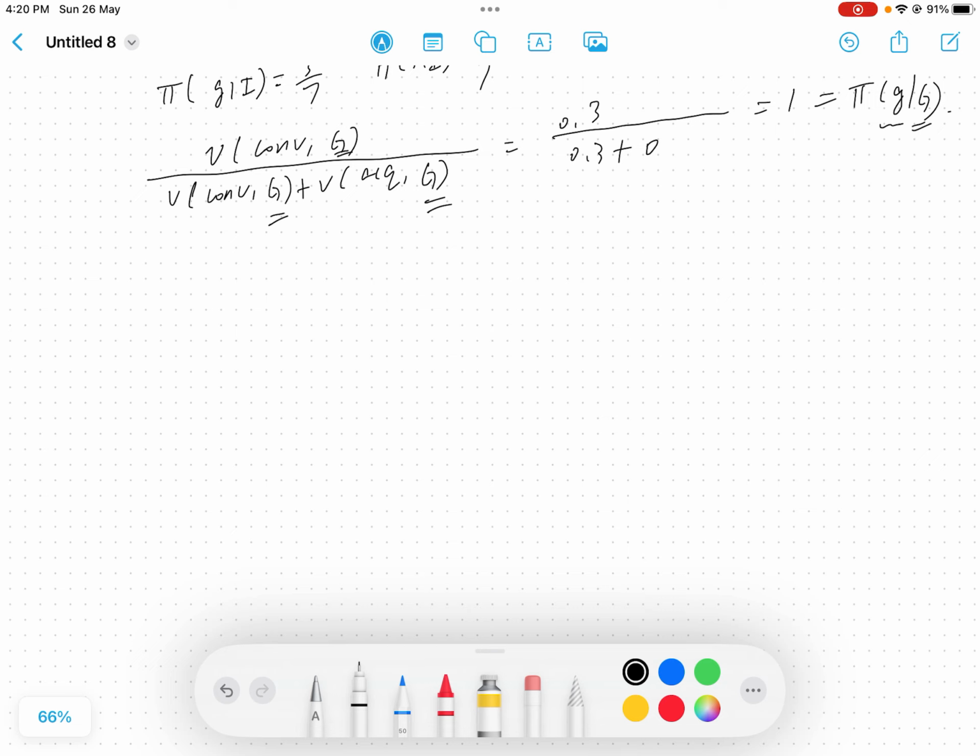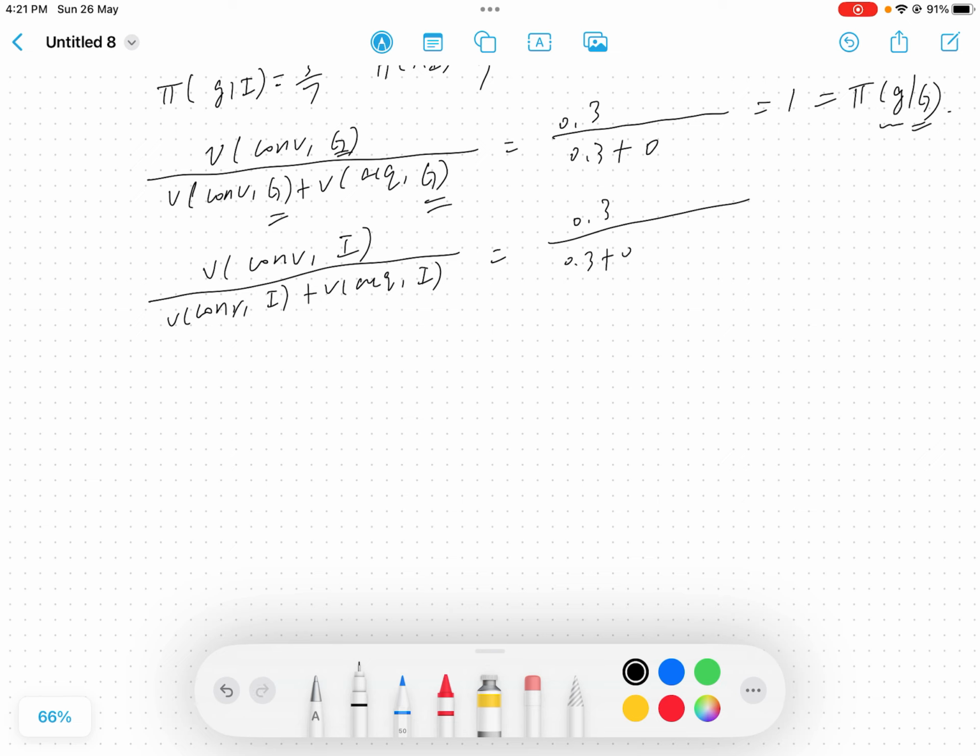And we can also verify if the state is I, okay? Let's also verify the convict part, the small g. So V of convict I over V of convict I plus V of acquit I. And this is nothing but 0.3 over 0.3 plus 0.4, which is just 3/7, right?